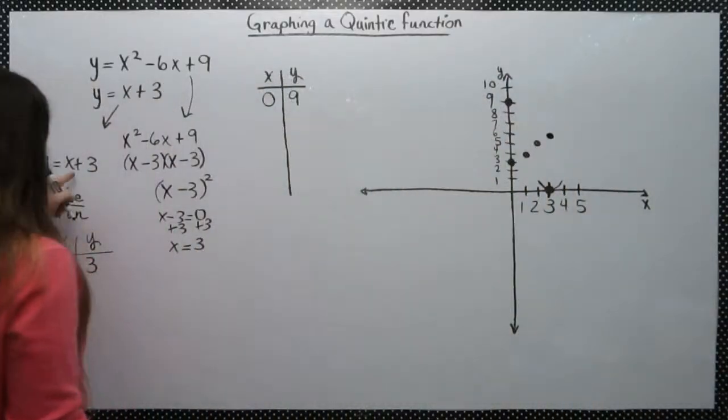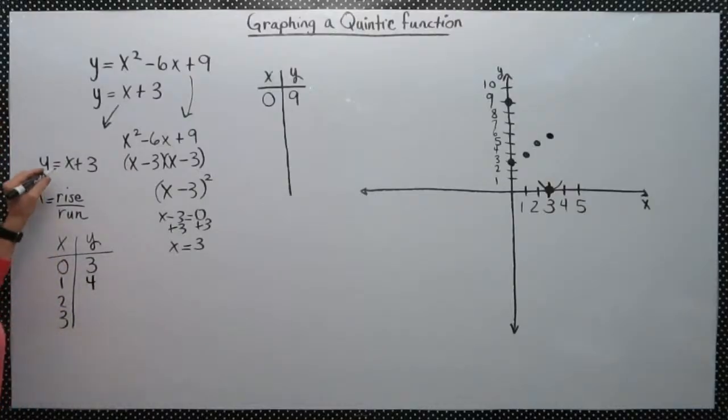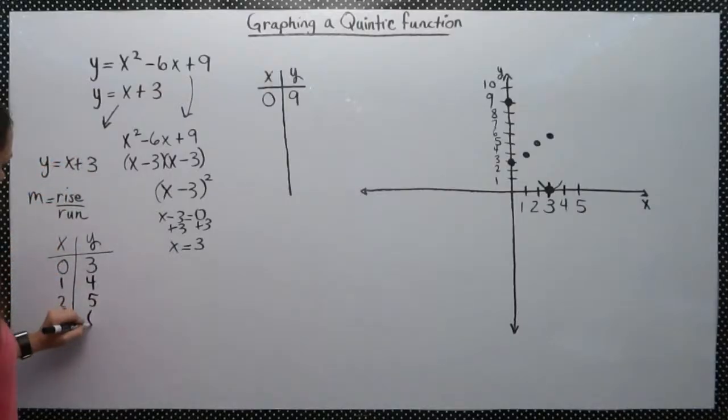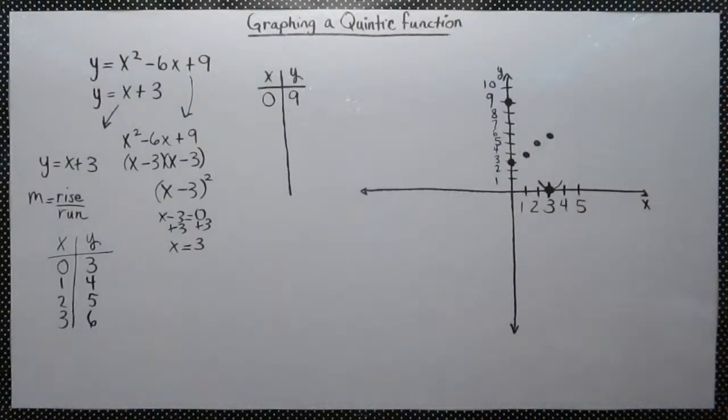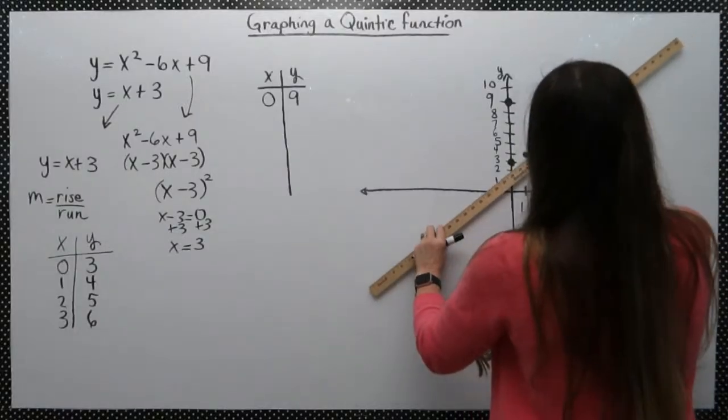Because putting 1 in for x, you get 4. Putting 2 in for x, you're going to get 5. Putting 3 in for x, you're going to get 6. Where is my ruler, so I can get a good straight line? So we've got this linear function here.